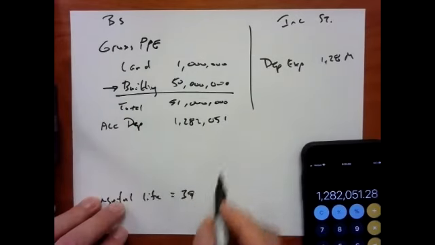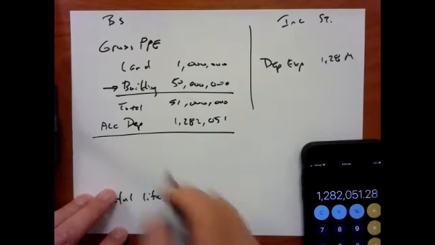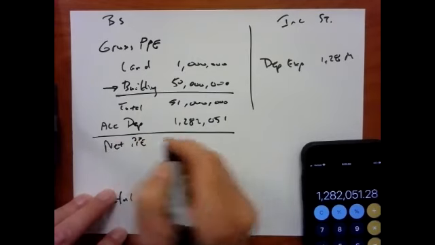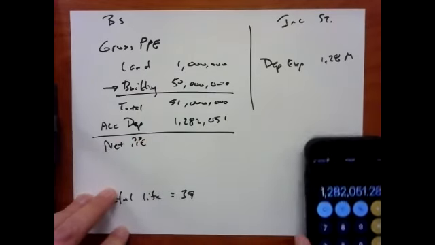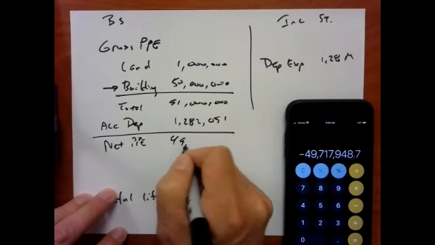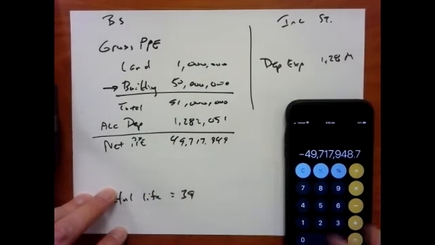So accumulated depreciation at the end of the year gives us our net PPE. So we would take 51 minus the accumulated depreciation, giving roughly 49.717 million.